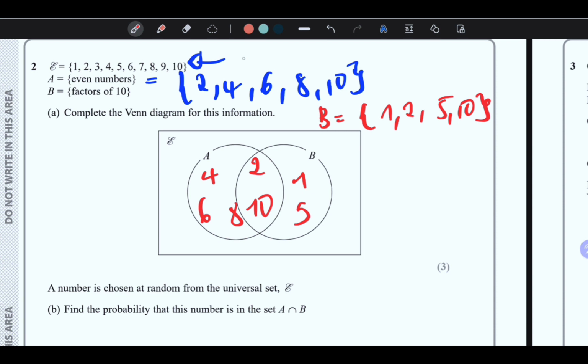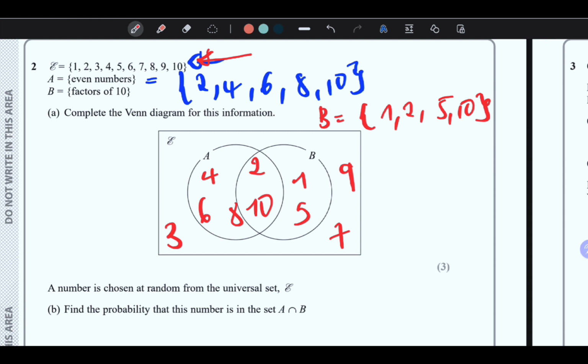Now the rest of the numbers that are in the universal set but are not in set A or B would be written on the outside. So I think that would be 3, 7, and 9, because this is 1, 2, 3, 4, 5, 6, 7, 8, 9, and 10. So these are the numbers that are not written in either A or B.